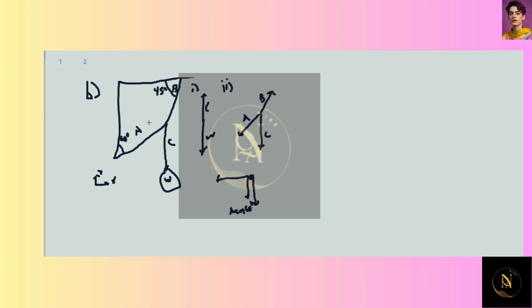And the horizontal component will be A times the sine of 60. And the vertical component at B will be B cosine 45 degrees. And the horizontal component will be equal to B times the cosine or sine of 45 degrees. But those are synonymous anyways.